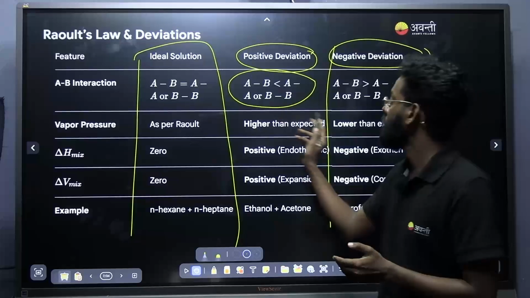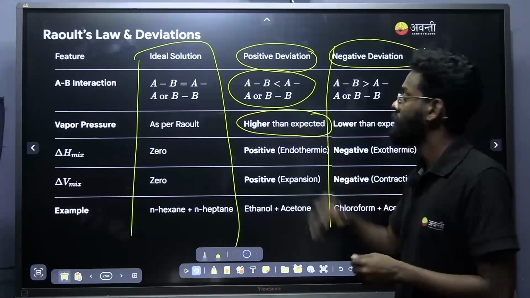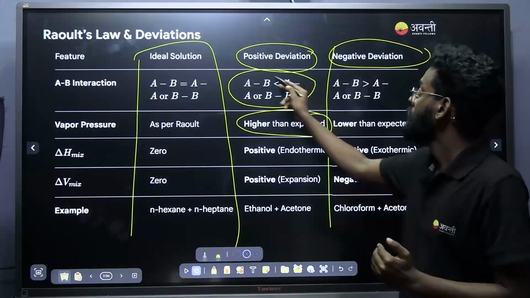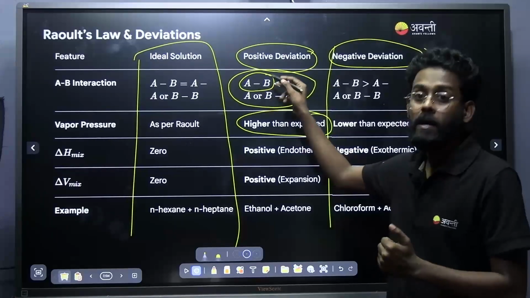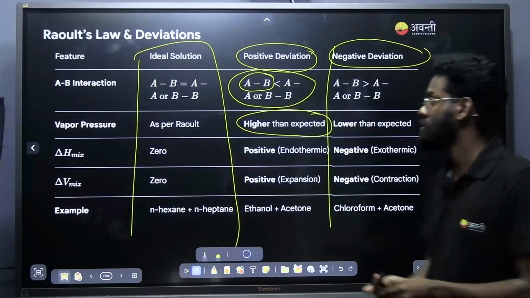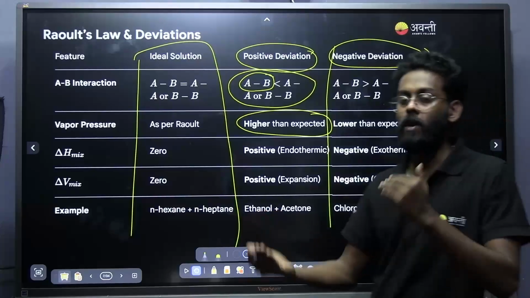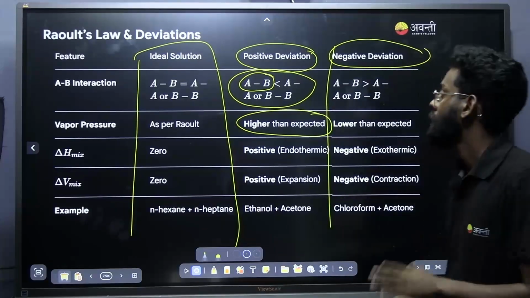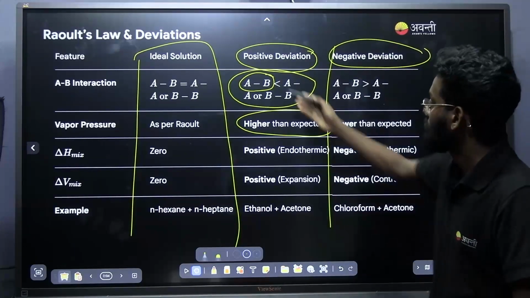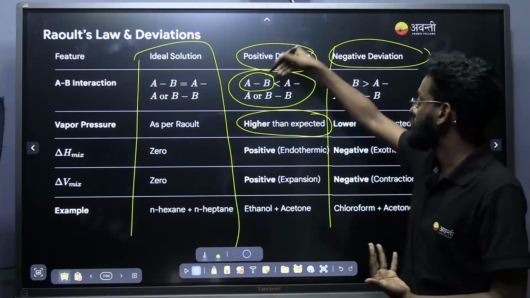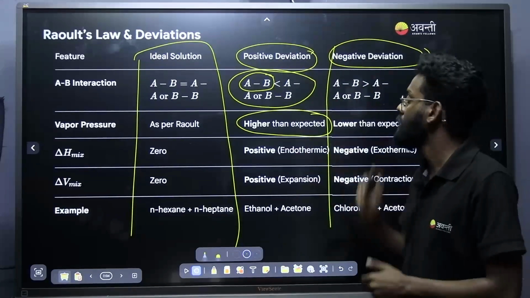Due to that, the vapor pressure will be higher than we expected, because the intermolecular attraction is lesser, right? We just discussed that vapor pressure is inversely proportional to intermolecular attraction. So as the intermolecular attraction is lesser, the vapor pressure will be higher.